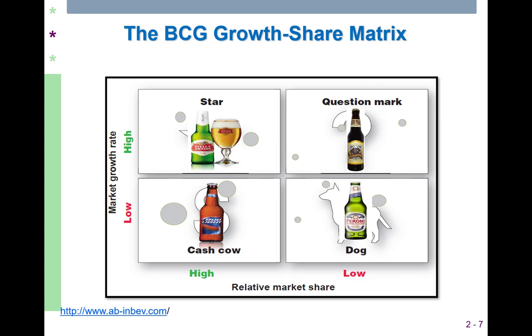So how's that? So if you look at this on the vertical axis, the market growth rate, low or high, provides a measure of market attractiveness. And then down here on the horizontal, the relative market share, high or low, serves as a measure of company strength in the market. I just happened to pick AB InBev, of course, Anheuser-Busch and InBev, the big merger several years ago.